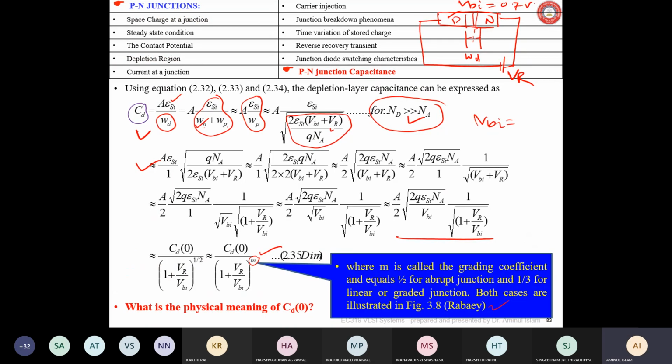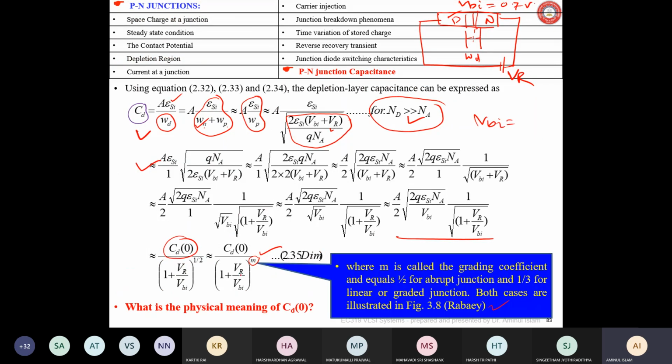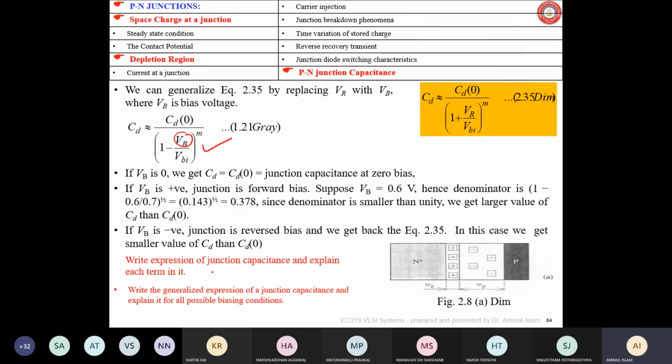But before that, what is CD0? Let us discuss once again in this semester. CD equals CD0 divided by this expression we have seen. In that, where earlier we have written Vr, we have generalized the equation and we are writing VB, bias voltage.